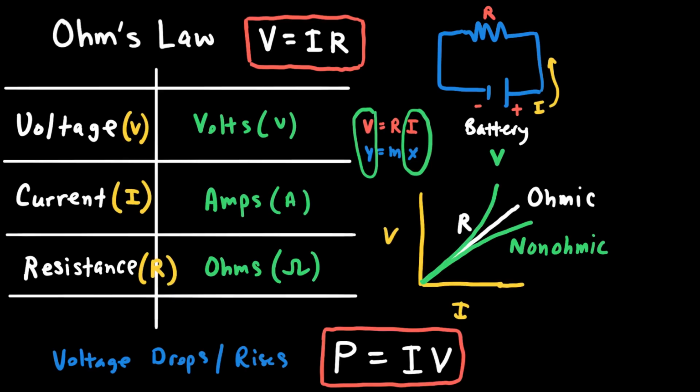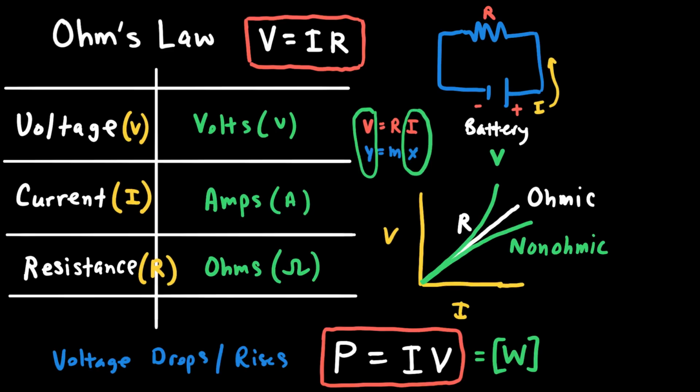A couple things here. First, I is measured in amps and V is measured in volts, but the units of power, instead of amps times volts, is W. And W stands for watts. So the unit of power is watts, which makes sense because we often choose light bulbs based on their wattage, for example.